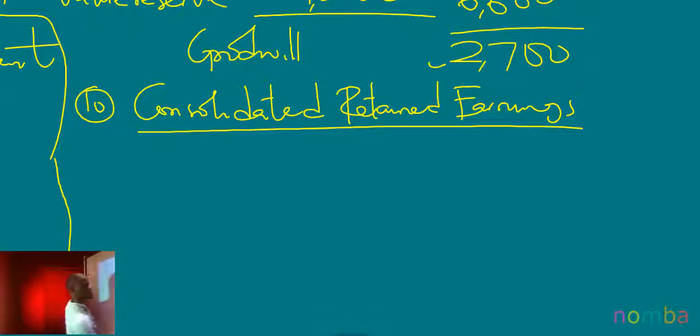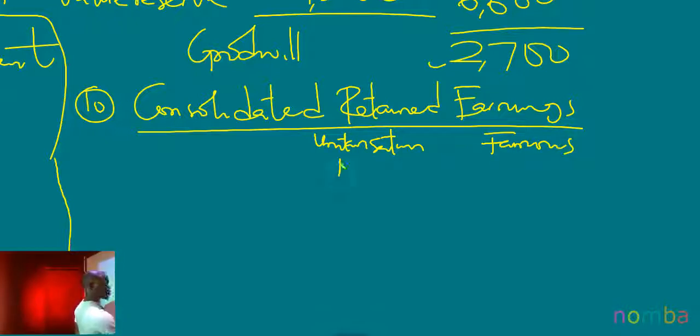So that means I will need the retained earnings of Unitarization, and also that of Famous, at the date of consolidation.